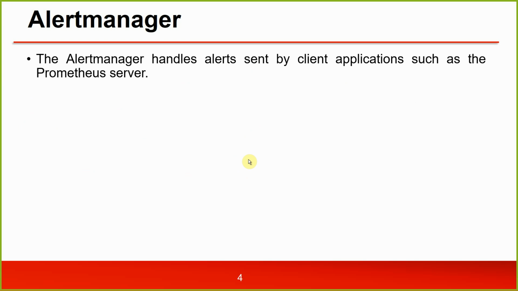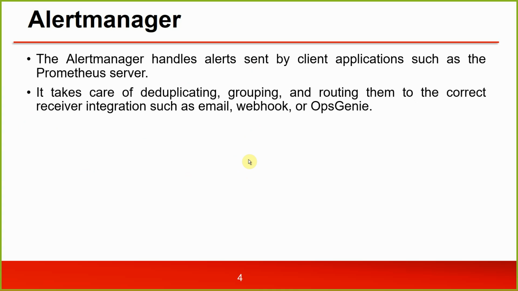Alert Manager handles alerts sent by client applications such as the Prometheus server. It takes care of deduplicating, grouping, and routing them to the correct receiver integration such as email, webhook, and Opsgenie.